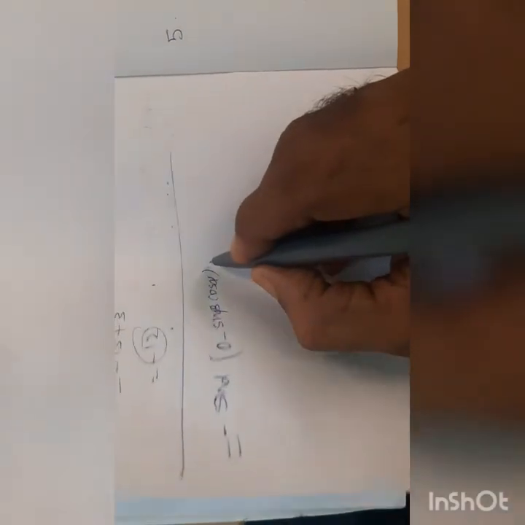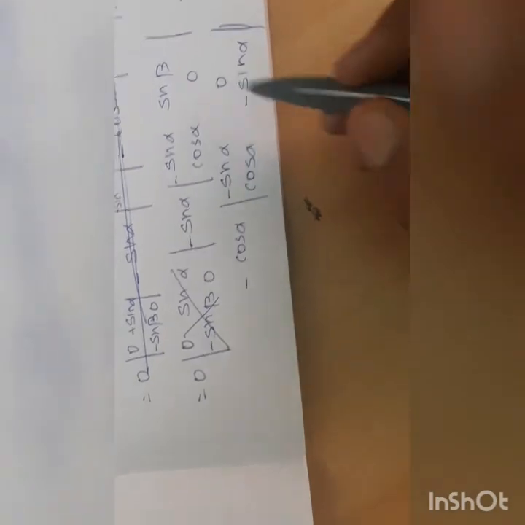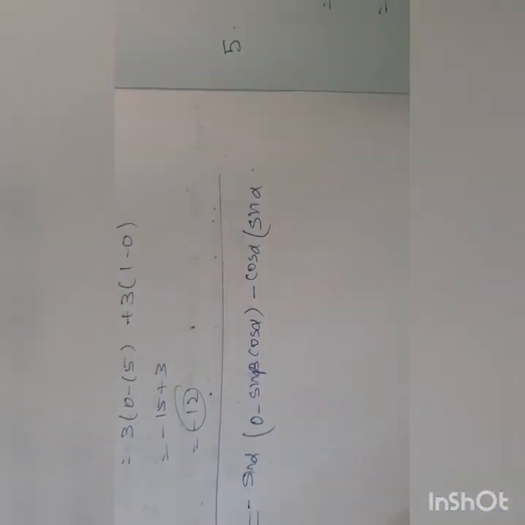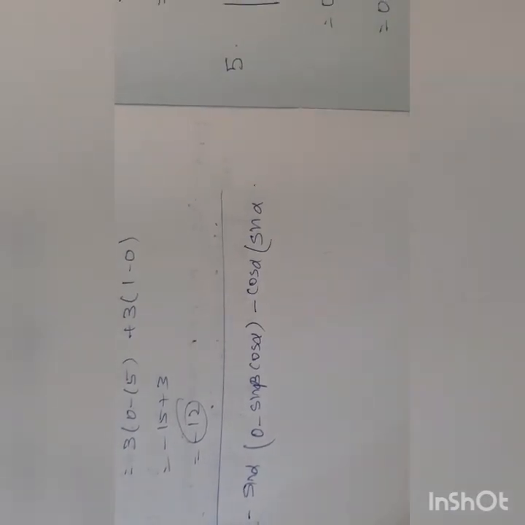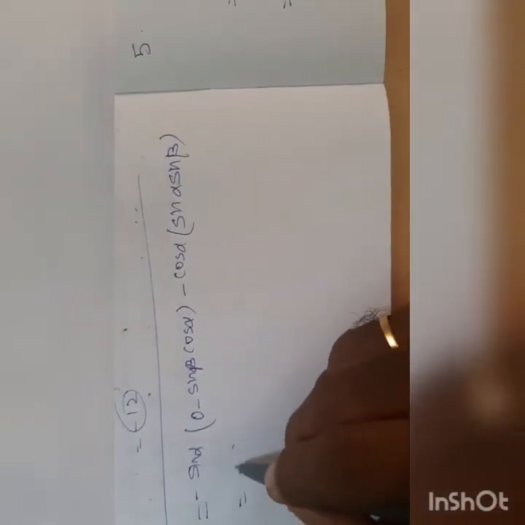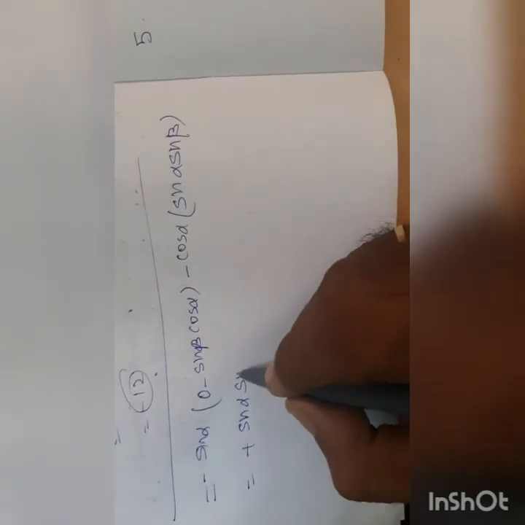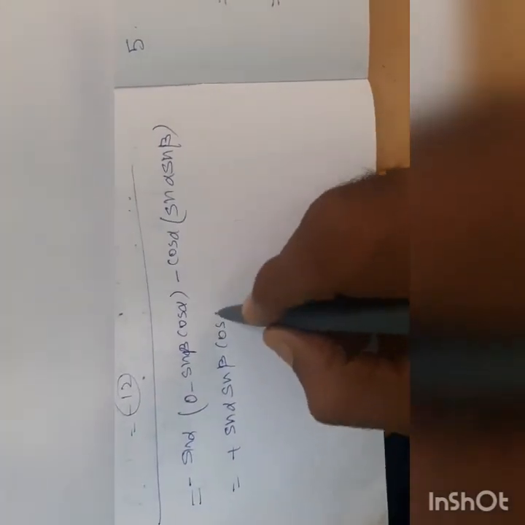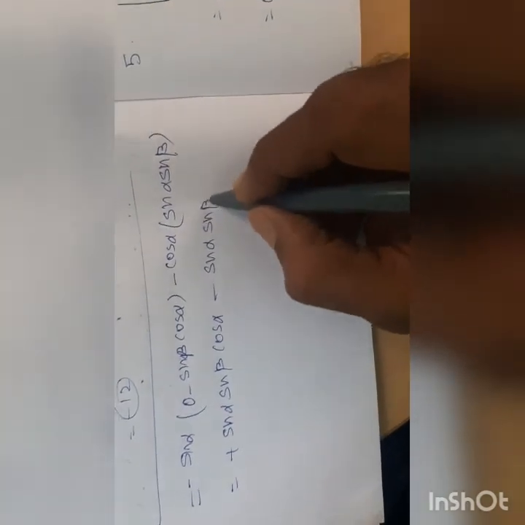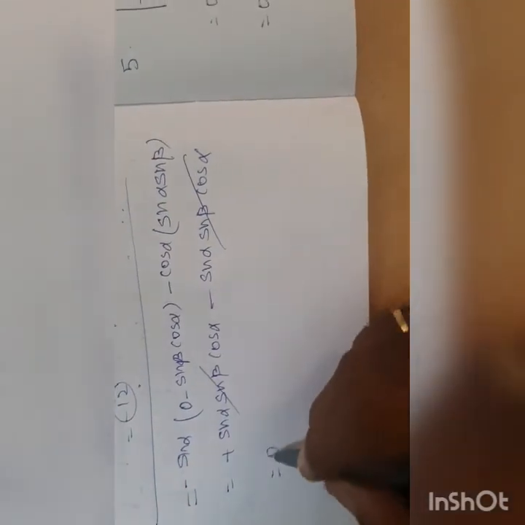Same thing, minus cos alpha of, now multiply this value minus this value, we are getting sin alpha sin beta. Now remove the bracket. So we are getting plus sin alpha sin beta cos alpha minus sin alpha sin beta into cos alpha. We are getting 0.